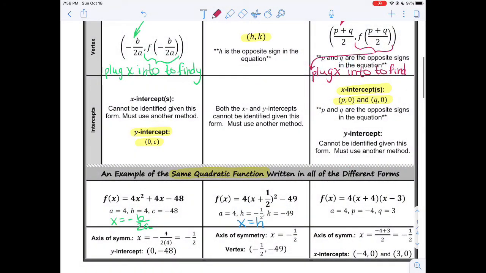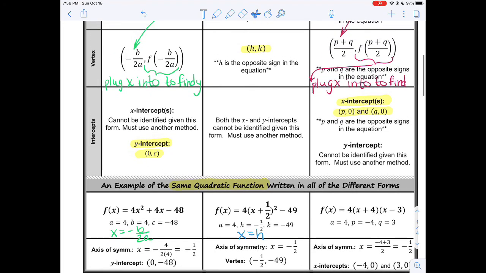Finally, let's look at our equation in intercept form. So our equation looks like this, where we have an a value of 4 still, a p value of negative 4, and a q value of positive 3. Remember again that those negative signs are built into the equations inside those parentheses, so p and q are the opposite of the signs that you see.